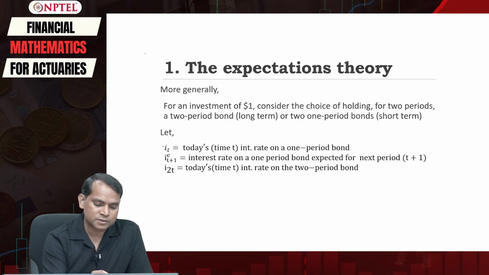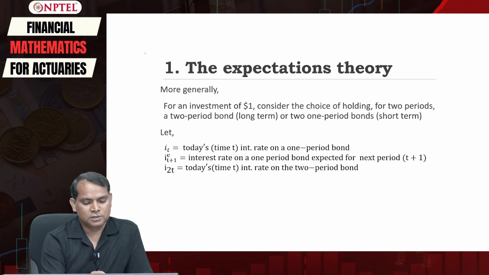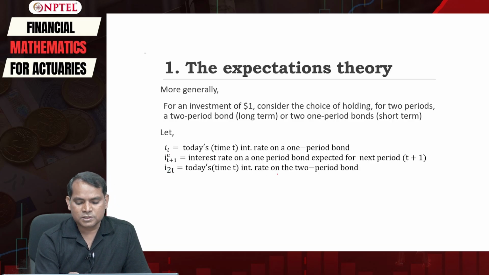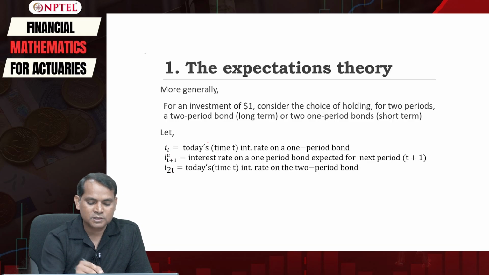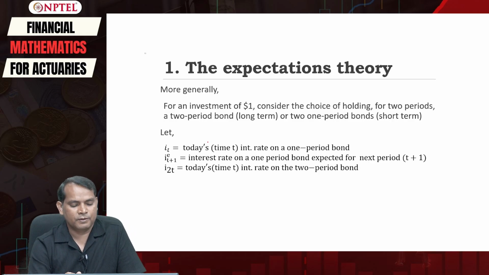Meaning that if you are purchasing a bond which will give you i_t interest rate, and holding it till next year, then you are predicting that next year this bond will give you this much interest rate. Again, i_2t is today's interest rate on the 2-year bond. So this interest rate is the long term interest rate, whereas i_t is the short term interest rate, and i_{t+1}^e is the short term interest rate expected in the next period.